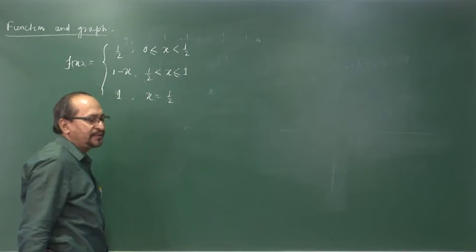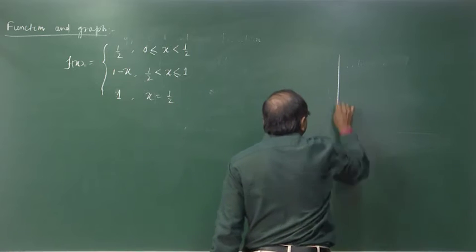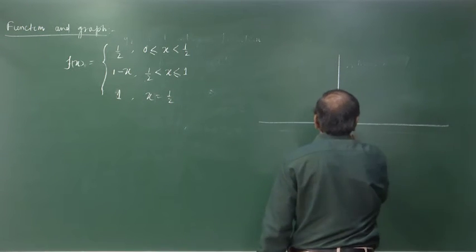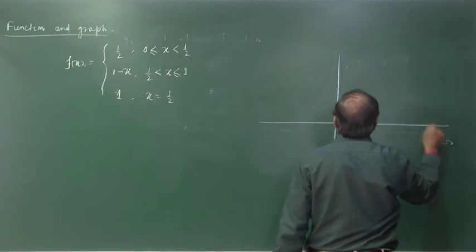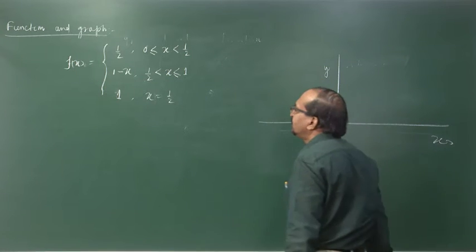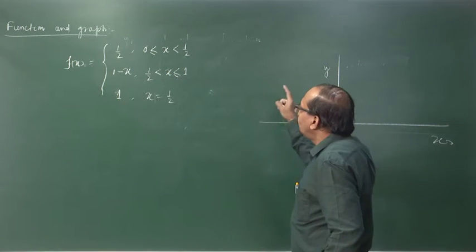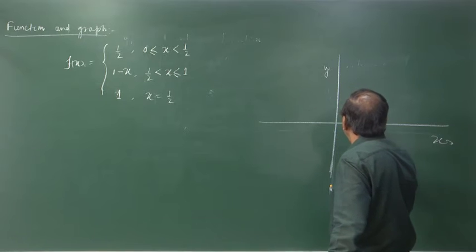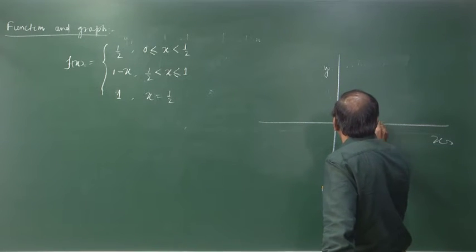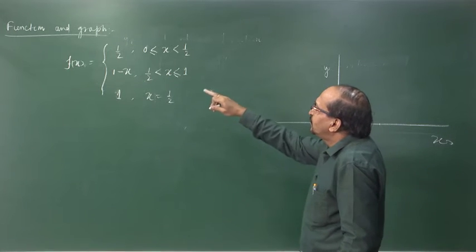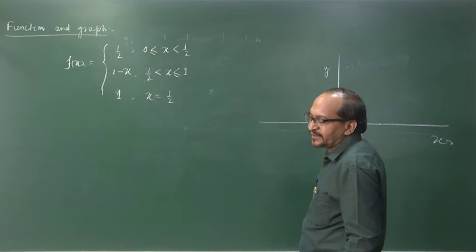Let us plot the graph. Obviously, this is x, this is y. From 0 to half, suppose this is 0, this is 1, this is half. From 0 to half, the y value or function value is x.